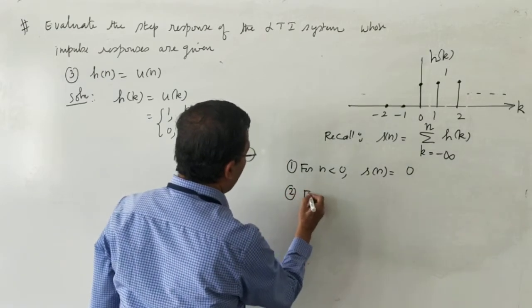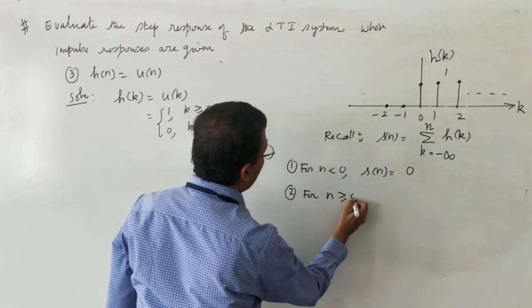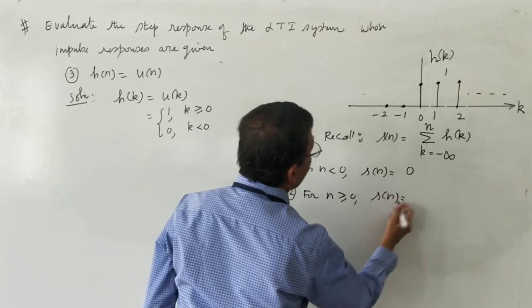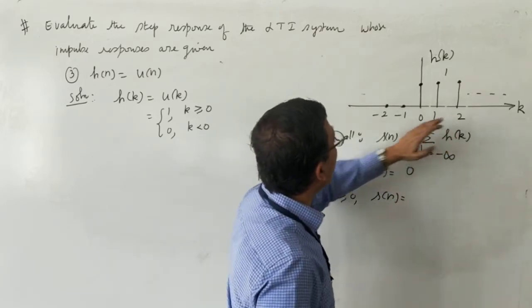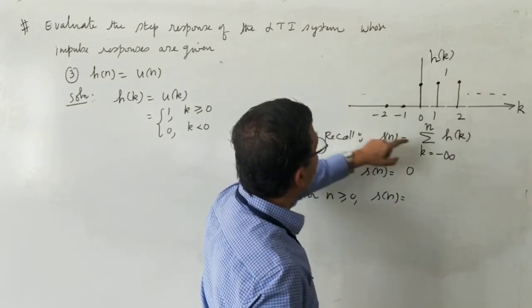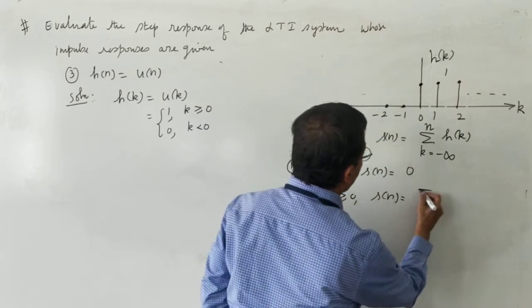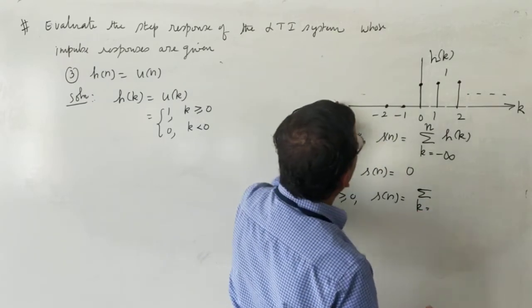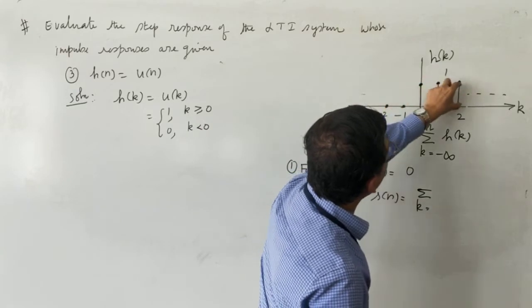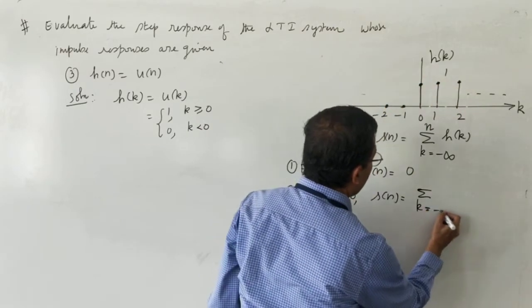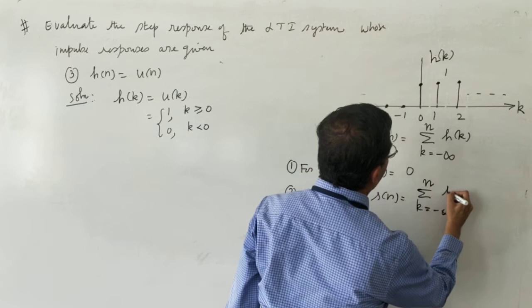Second, I will take n greater than or equal to 0. n could be anything, n could be 2. Then what is the value of this summation? Add all the samples, 1 plus 1 plus 1 means 3. Summation k equals minus infinity to n of h of k.